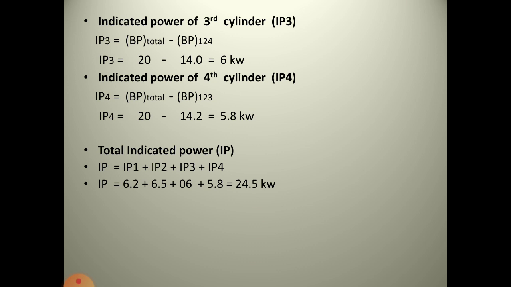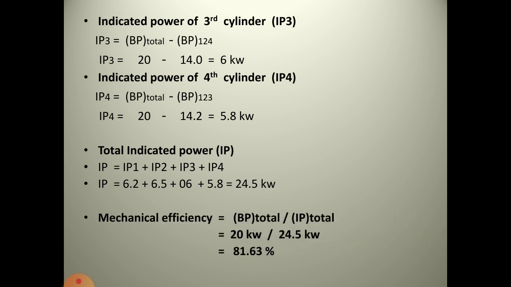Now we have calculated the indicated power of all 4 cylinders. When we add them, we get the total indicated power of the engine, which is 24.5 kilowatt. Finally our aim is to find the mechanical efficiency of that engine.